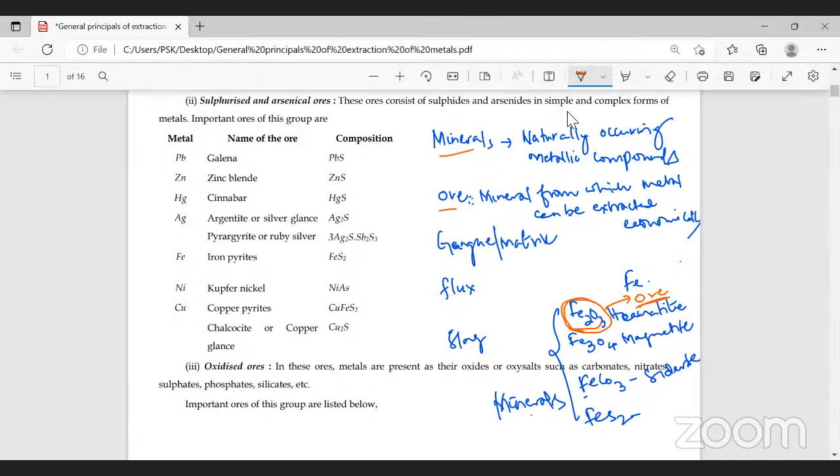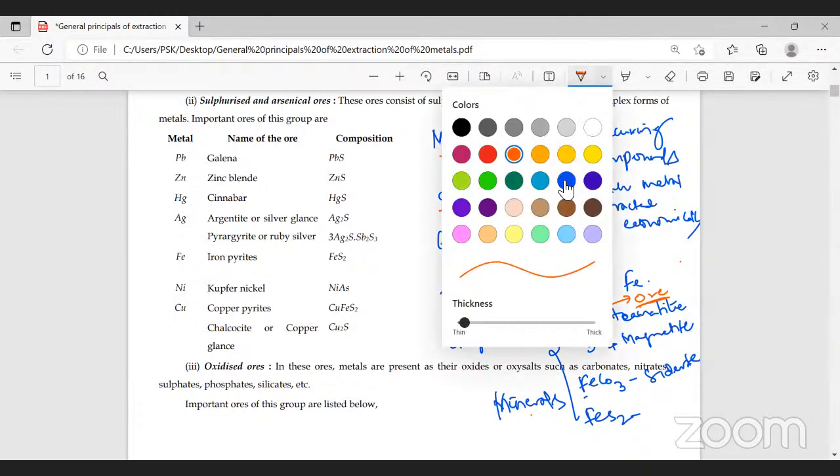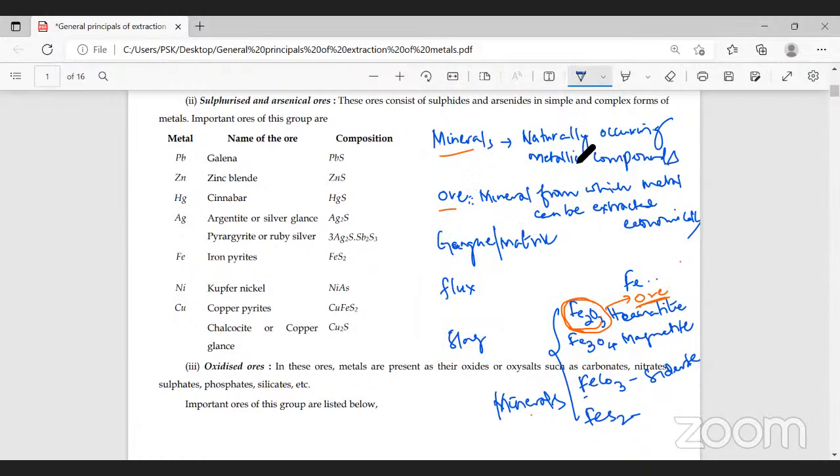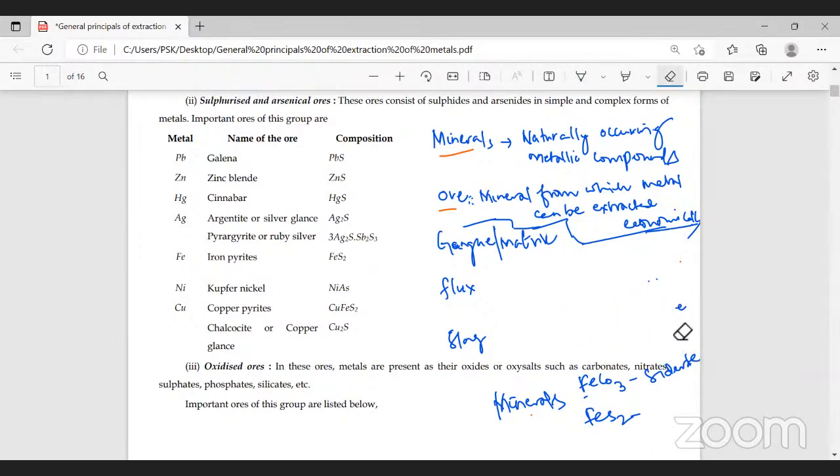The third definition, what we have to understand here is gangue particle. What is this gangue particle? This gangue particle is also called matrix. Now, this gangue particle or matrix is nothing but the earthy impurities, like sand, clay, dust.